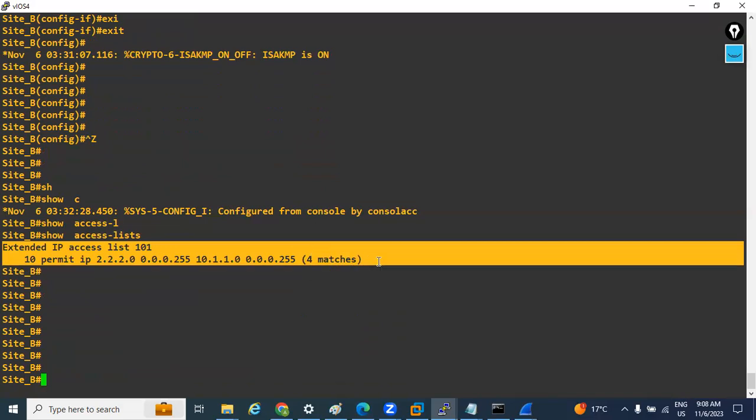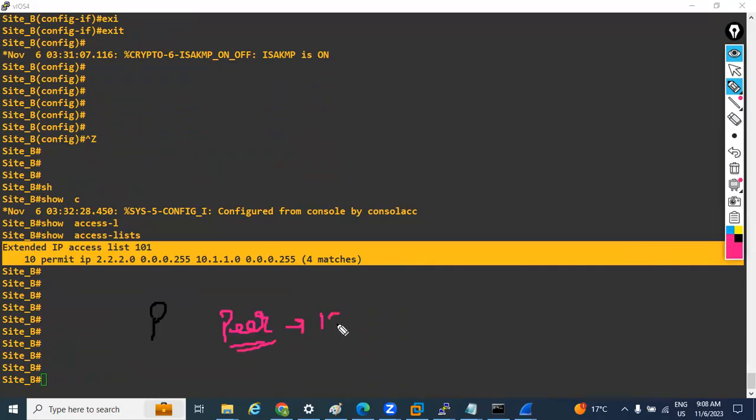And along with that, if you check, who is my peer, guys, from here? Who is my peer? 150.1.1.1, right? And what was my destination that I was using here earlier? 150.1.1.0.